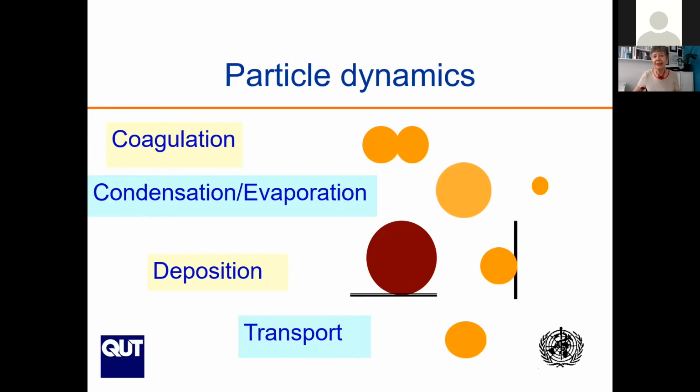But normally, there is some kind of airflow, and this means that these very small particles basically float in the air. So coagulation, particles getting together, making one bigger particle, condensation or evaporation if the particle contains liquid, or if there is moisture in the air, deposition, on the vertical and horizontal surfaces.